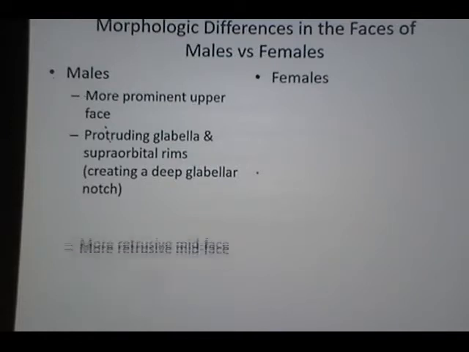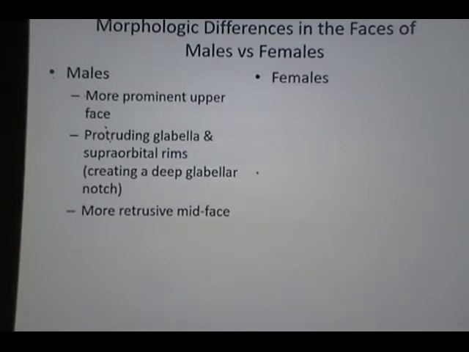In relationship to that, they usually have a face which is more what we would call, and they talked about classes, eugnathic or orthognathic cases, or retrognathic, prognathic cases in facial growth.